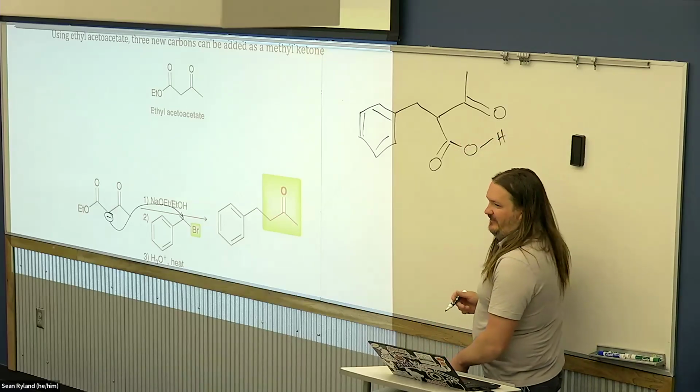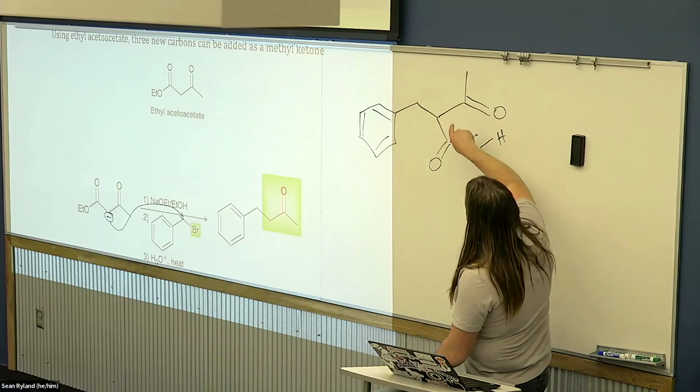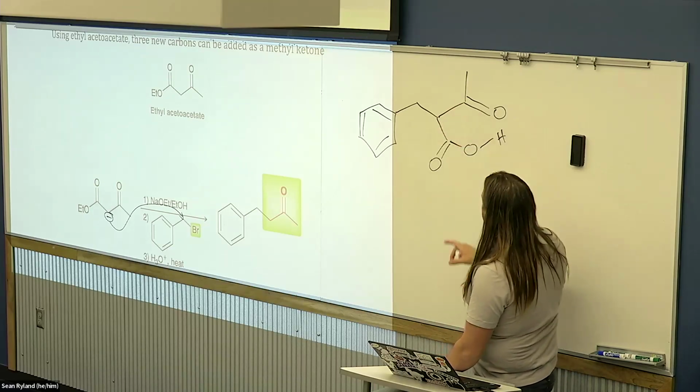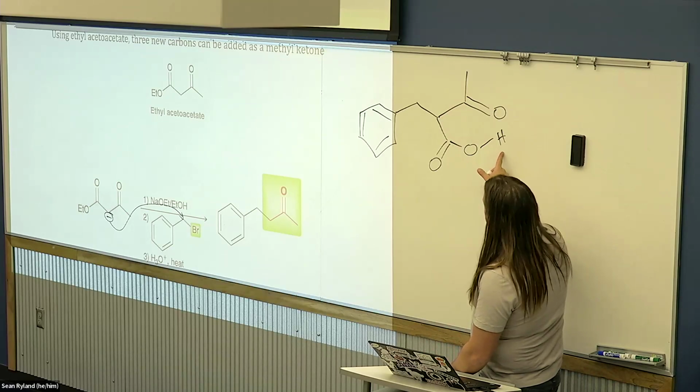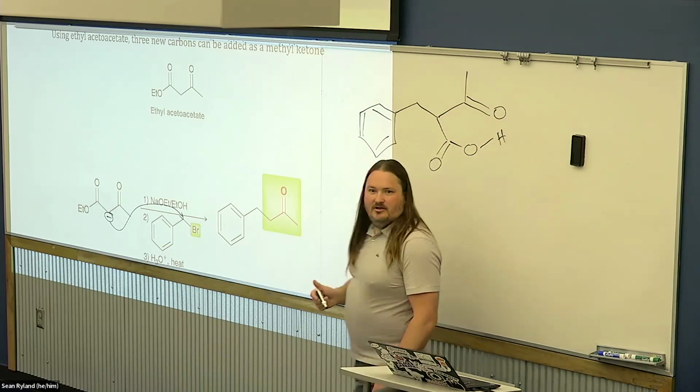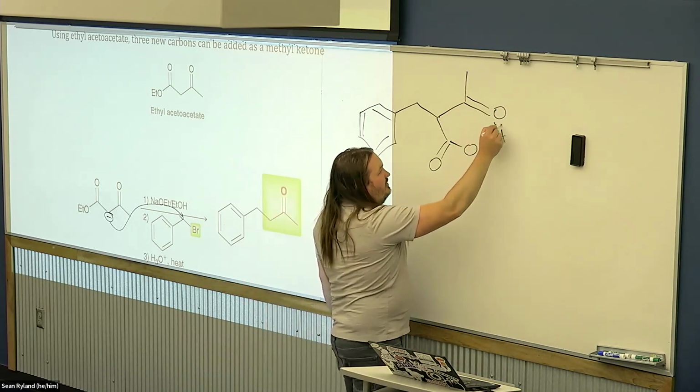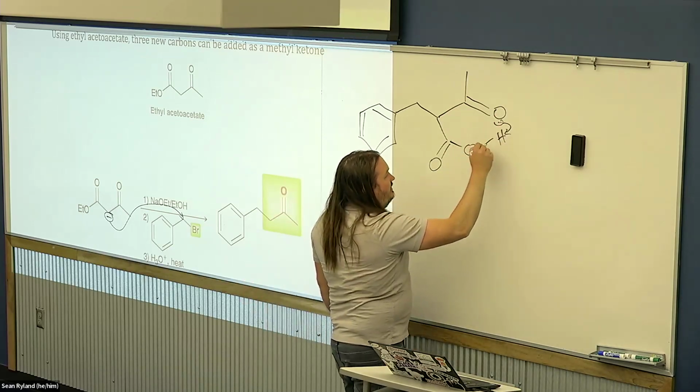You can still get that if we take the intermediate and spin everything the right way, so the hydrogen from the carboxylic acid is pointed at the ketone. We can still wind up doing that same intermediate.